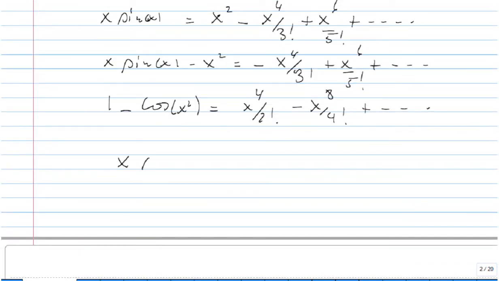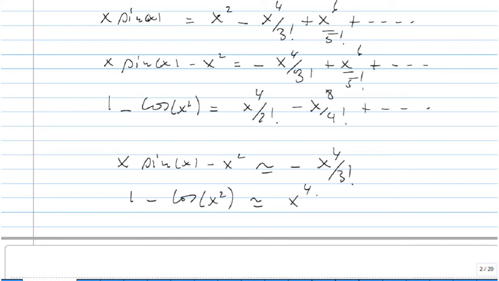So we know that x sine x minus x squared is close to minus x to the 4 over 3 factorial, and 1 minus cosine of x squared is close to x to the 4 over 2 factorial. And this is, of course, when x is close to the center, which is 0.